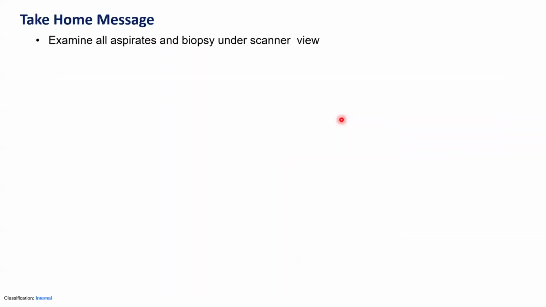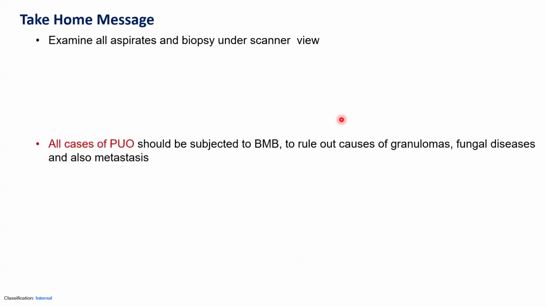So the take-home message is, for all aspirates and biopsy, examine it under all views. You may come across some granulomas or some other metastatic deposits which can yield valuable information.